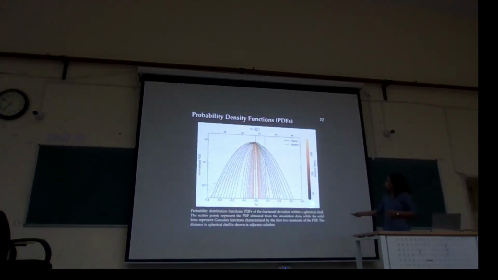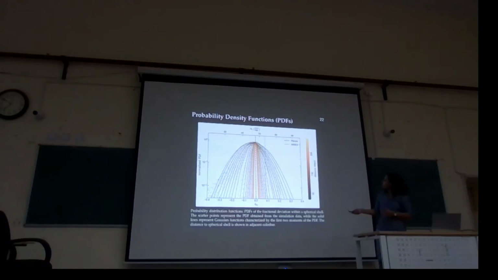So the color shows the distance within which a particular H0 distribution is calculated, and this is the deviation in H0. Basically, the correct full value is here, and this is the deviation from the reference one. The reference is Planck, which is the early time measurement, and this is the other late time measurement, SH0ES, and this is what we get.